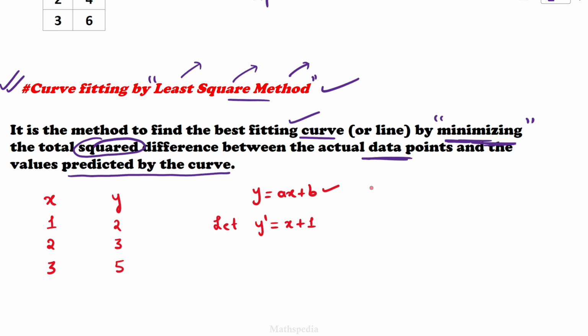So I'm going to make one more table, which has the x value, y i, and y dash i value. The x value is basically the same thing, copy paste. Y i value will be 2, 3, and 5. Y dash i value we have to find out from this x plus 1, right?